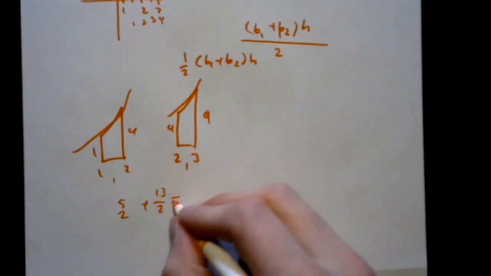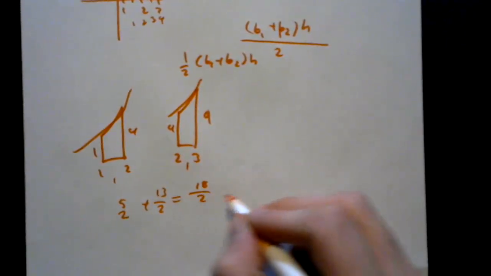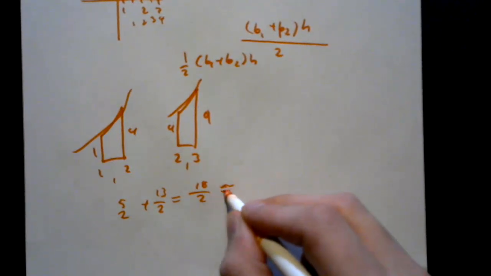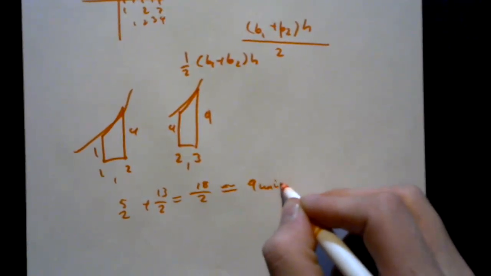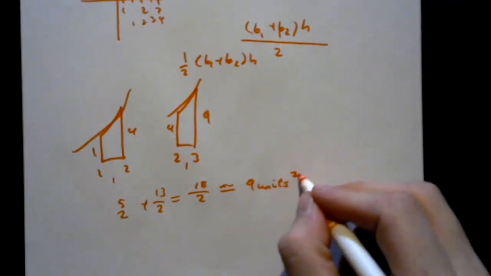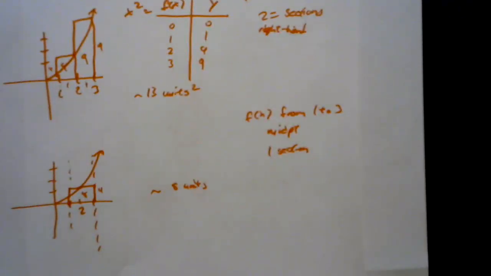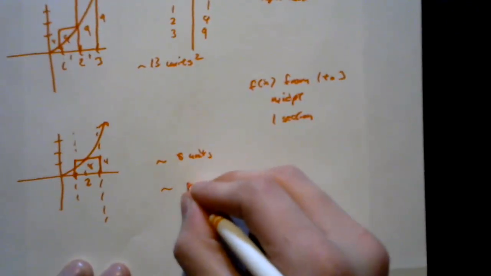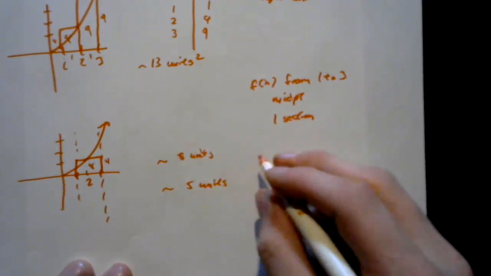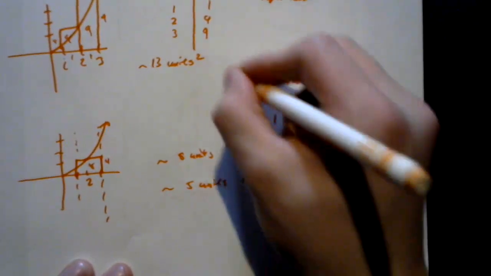And then you add them together, 13 plus 5 is 18 over 2, which equals approximately 9 units squared, which is more accurate than these two, compared to what we calculated earlier for our left, mid, right.